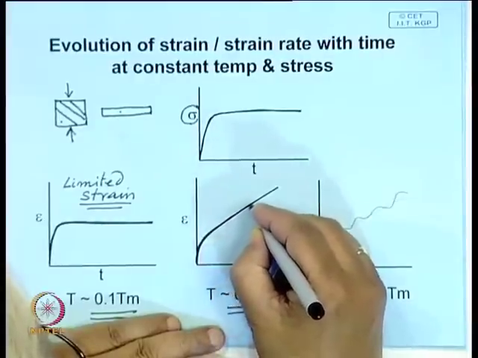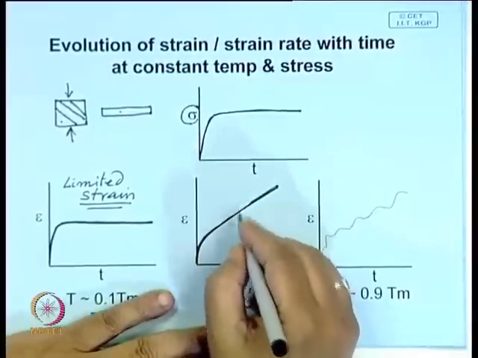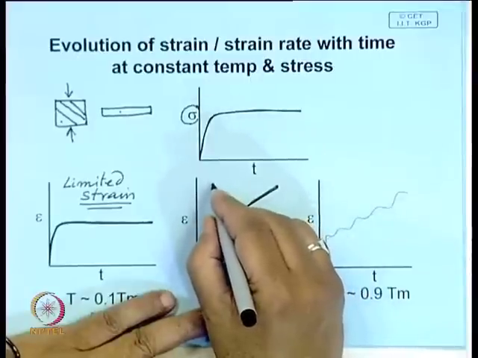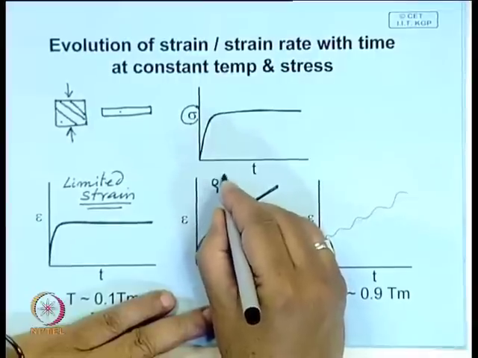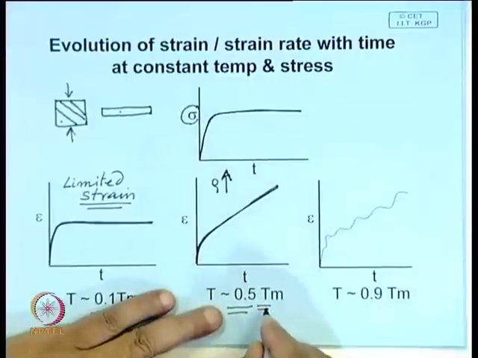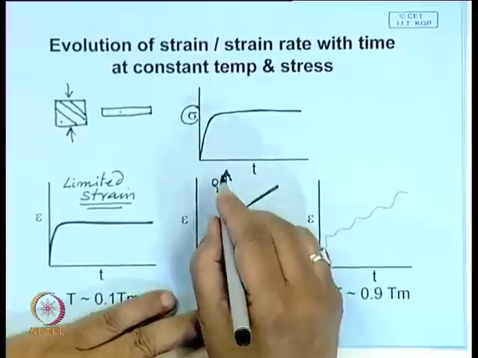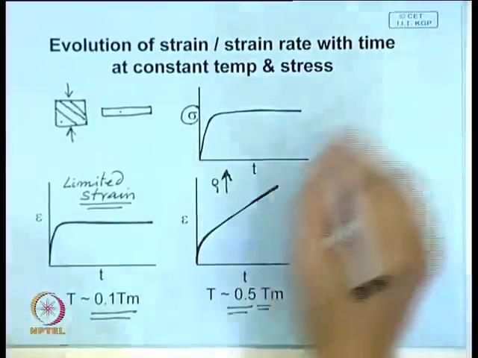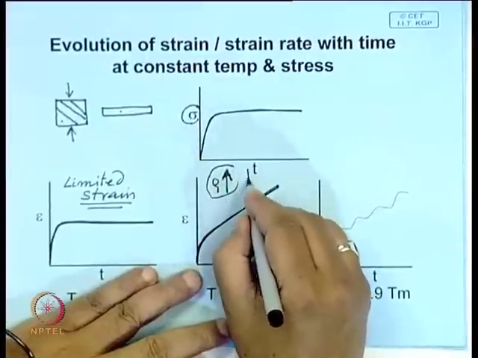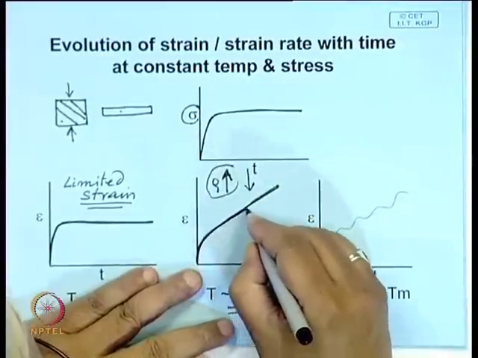Here what happens is initially there is some amount of strain hardening, because of deformation the dislocation density goes up, but since the temperature is high, dislocations have another mobility, that is they can climb, and dislocations can climb and annihilate also. So, that structure also recovers, which brings down the dislocation density, and on the whole during the process of deformation there is a steady state.